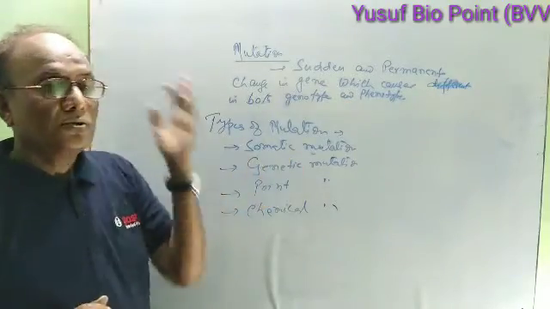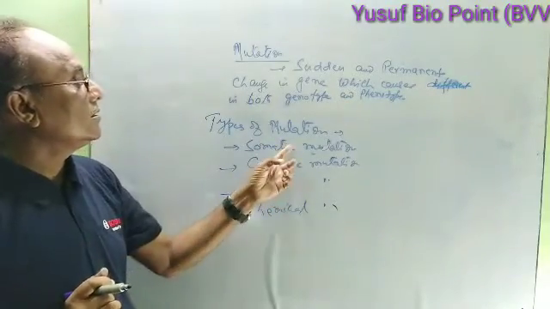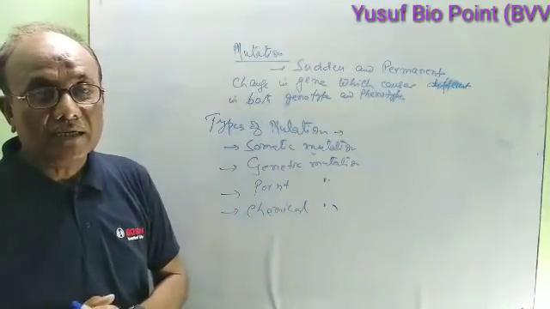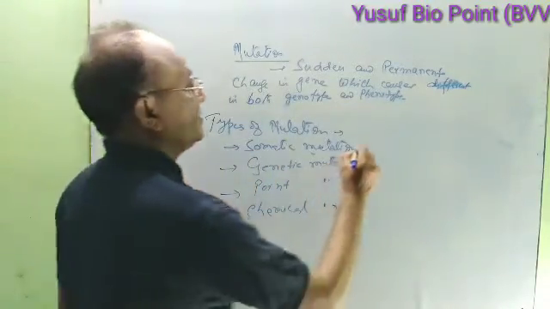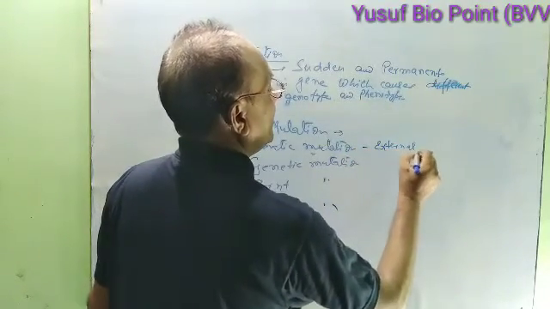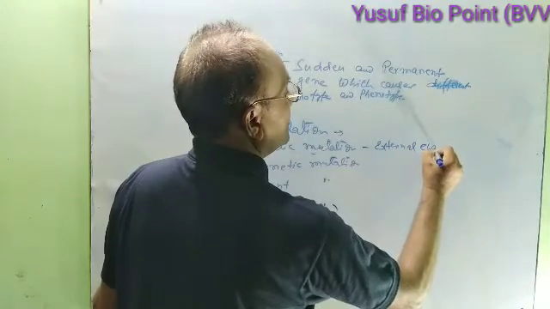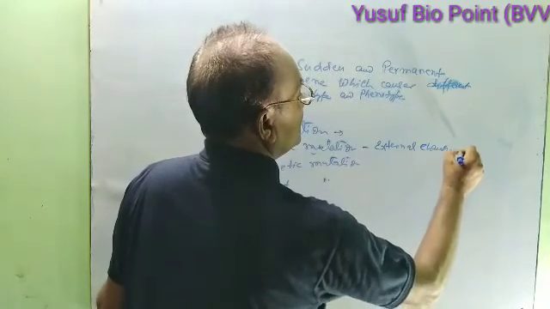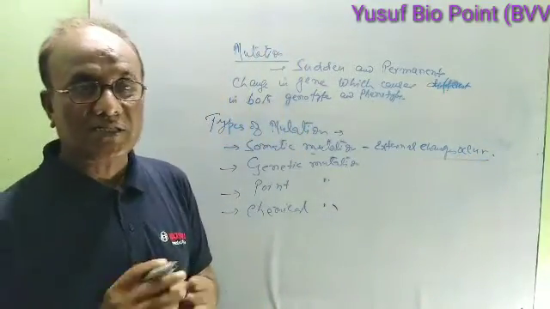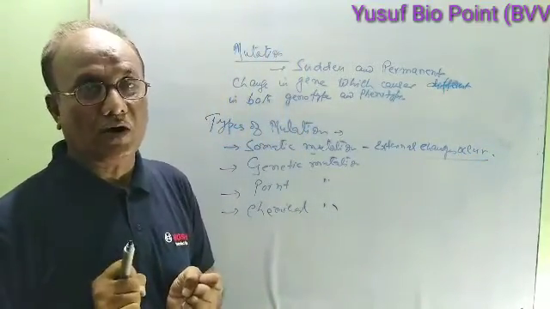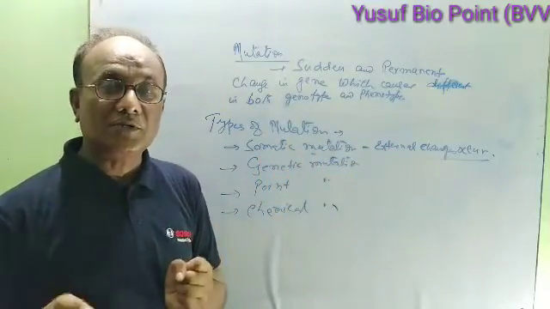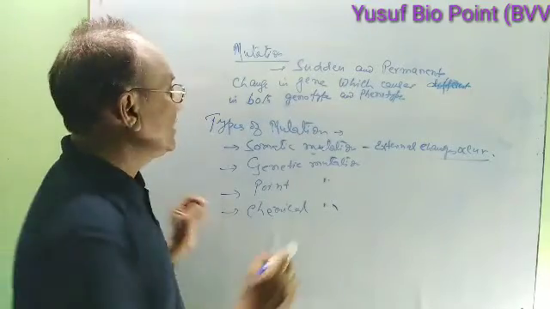In the somatic mutation, there is soma means body, there is external change develop, means external changes occur, and that does not transmit from one generation to others. That is called somatic mutation, means that does not transmit from one generation to other.